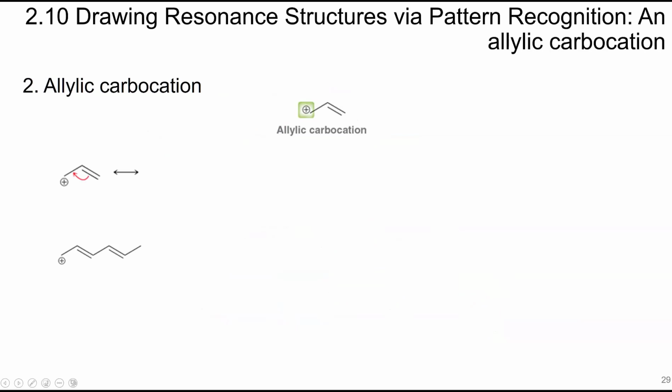We can also draw resonance for allylic carbocations. So before it was a negative pair, this is a carbocation version. It's a positive charge next to the carbon on the double bond. So I follow the electrons. The electrons moved over here, so the positive charge is now here. This usually involves 1 arrow.